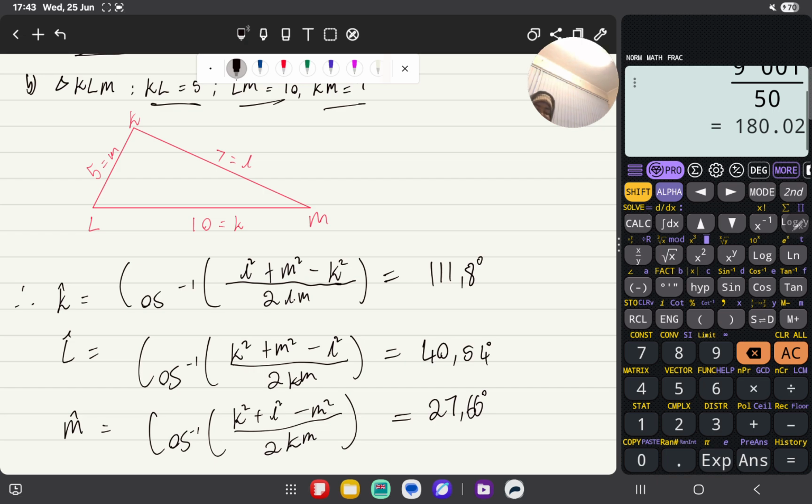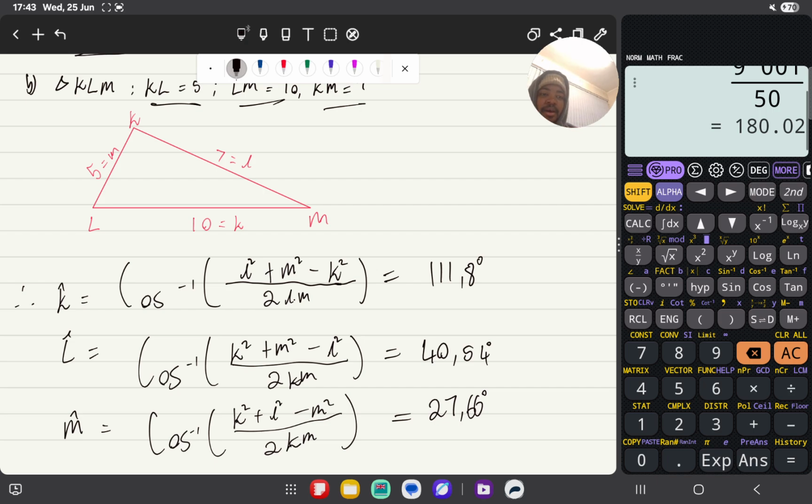Oh, do you guys see that? So we are getting 180.02, which, if we round it off to the nearest whole number, the value we will be having is actually 180.